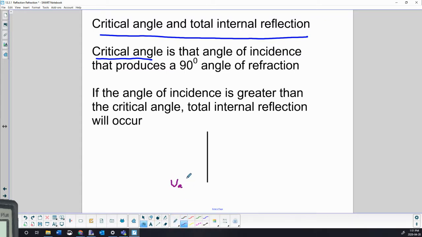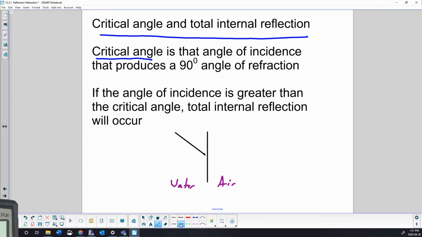So on this side, if this is the water side and this is the air side, as I shine light at progressively bigger and bigger angles, I get bigger and bigger refraction. So there is this magic point where we get an incident angle right here.